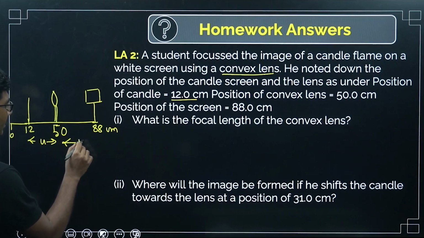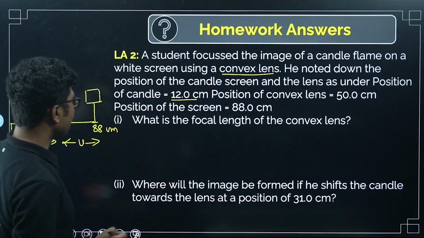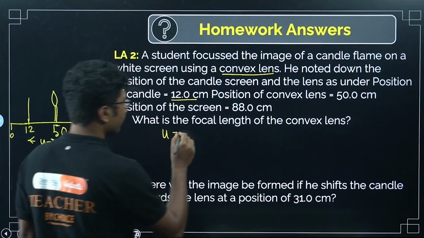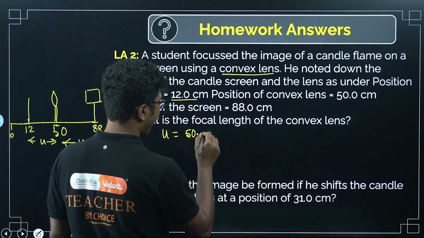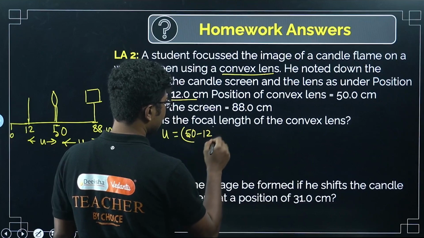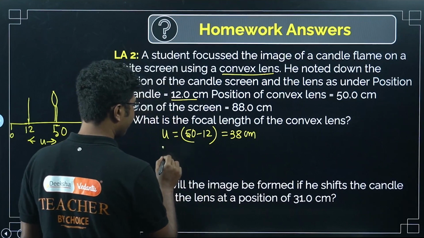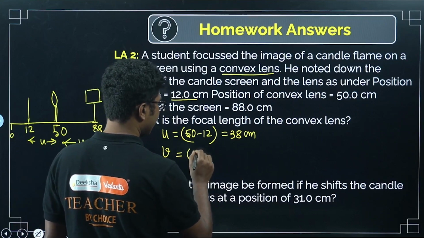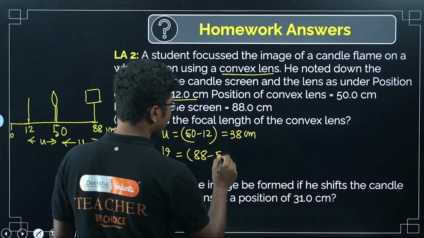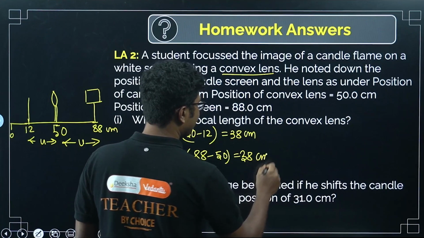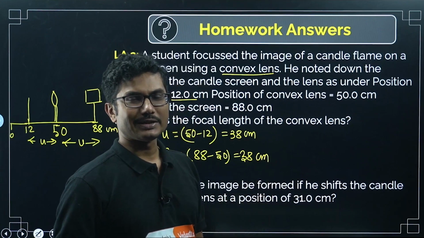What is V? U is 50 minus 12, that is 38 centimeter. V is 88 minus 50, that is also 38 centimeter. So the image distance and object distance are the same.